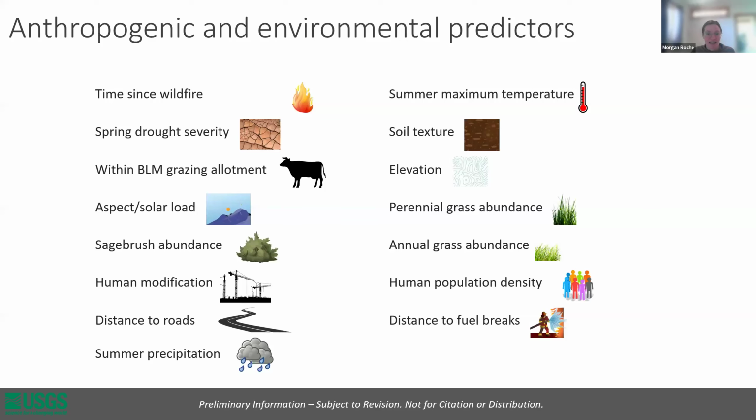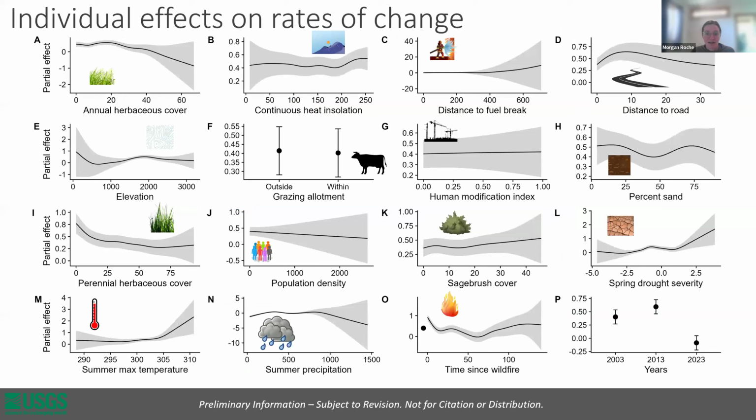So I'm first going to show the individual effects of each variable on rates of change. These represent the global effect of each individual variable. They're all on the same scale, but you'll note that the axes are all different, so just pay attention to that as you're glancing over this. You might see that many of these overall patterns are consistent with patterns on invasive annual grasses.